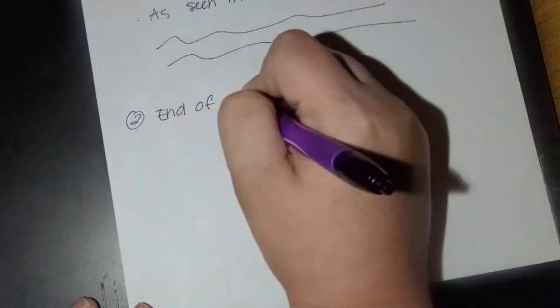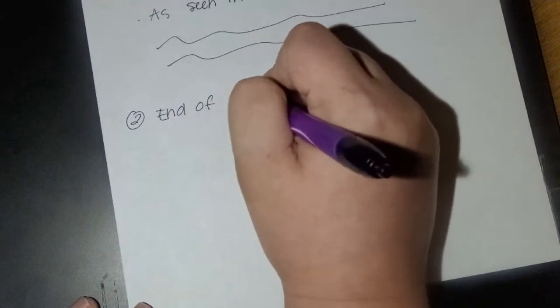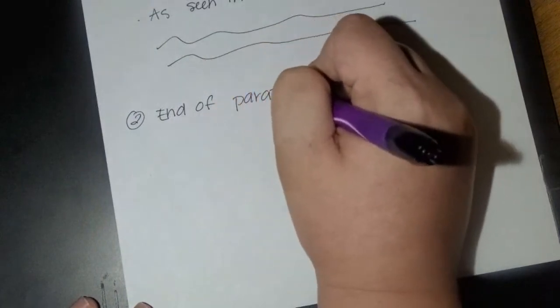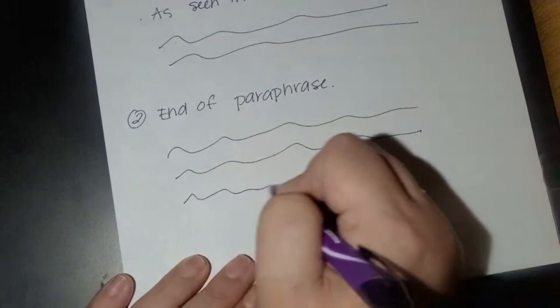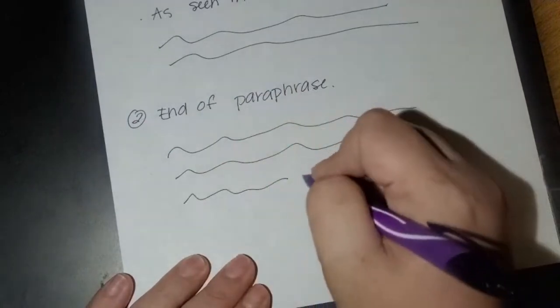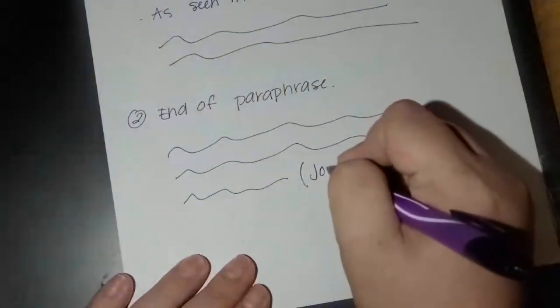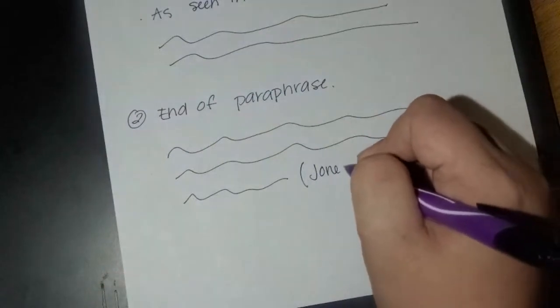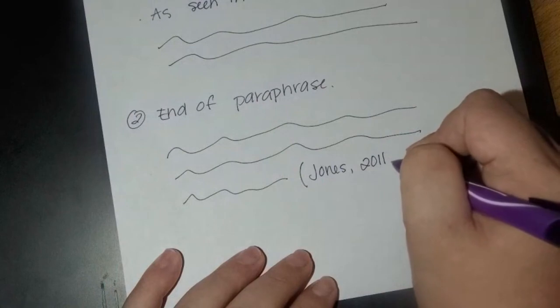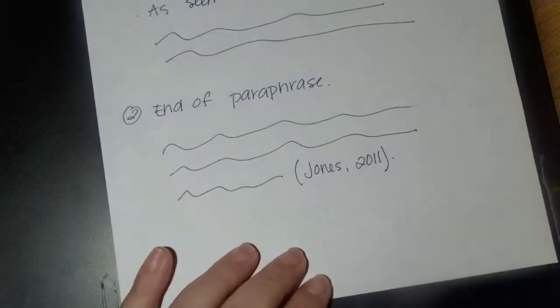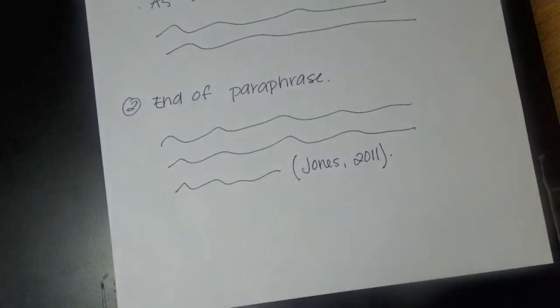Your second choice is at the end of the paraphrase. You have your paraphrasing here, and then you simply just do open parentheses, the citation, and then a period, okay?